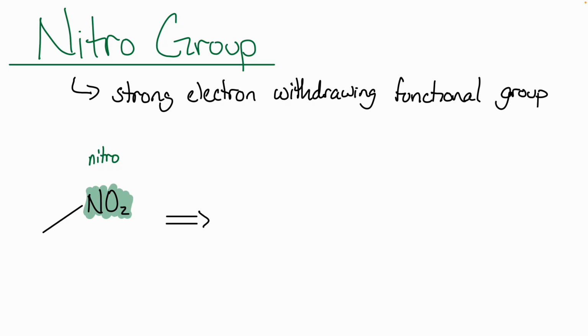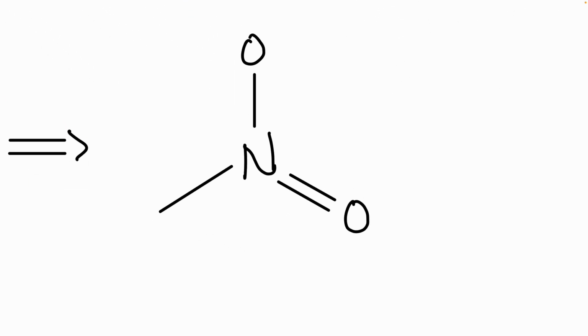But let's expand this a little bit and draw the full Lewis structure of this nitro group here. Okay, we have the nitrogen in the middle, and it's bound to those two oxygens. Let's fill in our missing lone pairs and formal charges.